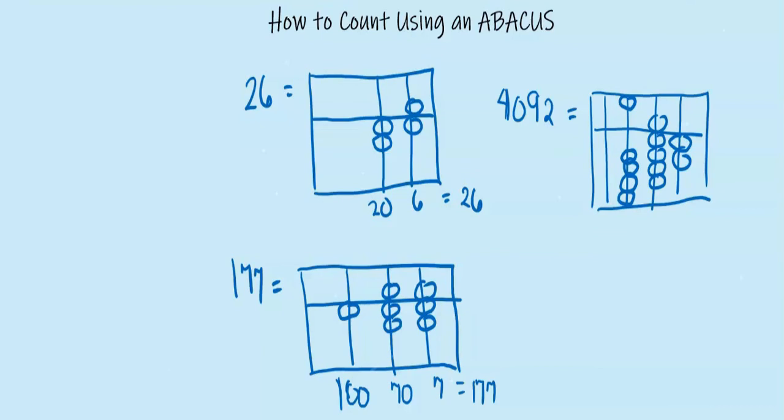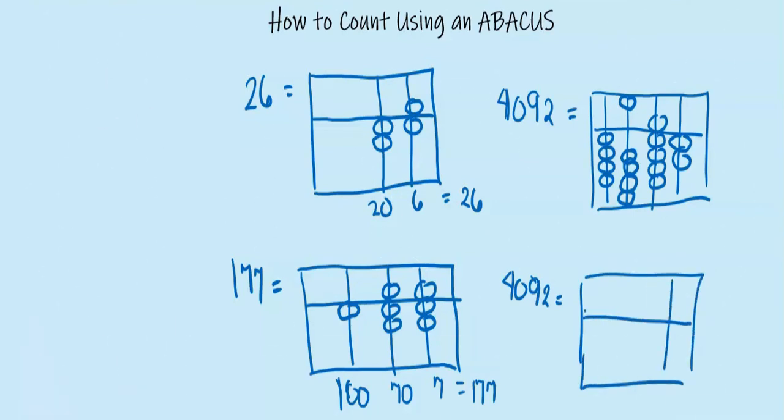So, pareho lang siya ha. Sige, tingnan natin. Then we have here 1, 2, 3, 4. So, pareho din lang po ito ng 4,092 na equivalent sa 1, 2, 3, 4. Pareho lang ito dito sa 1, 2, 3, 4. 1, 5, 50, 60, 70, 80, 90, and 2.